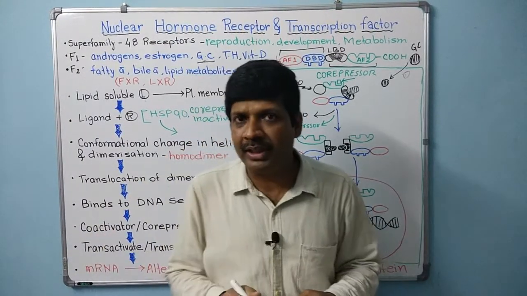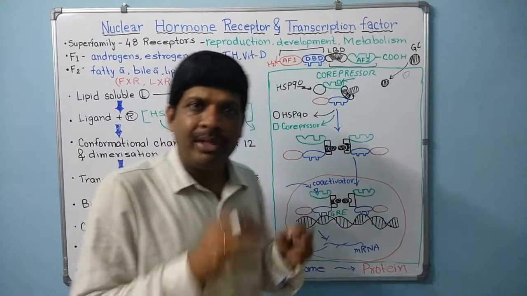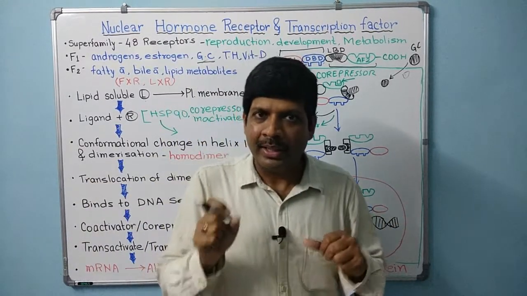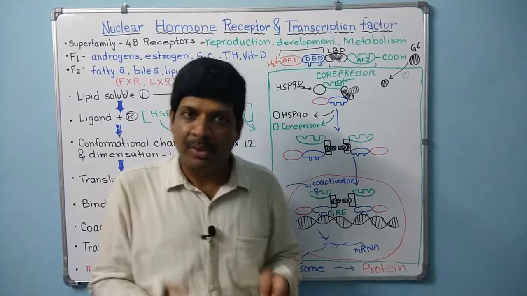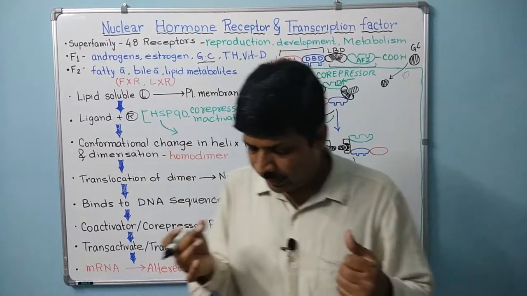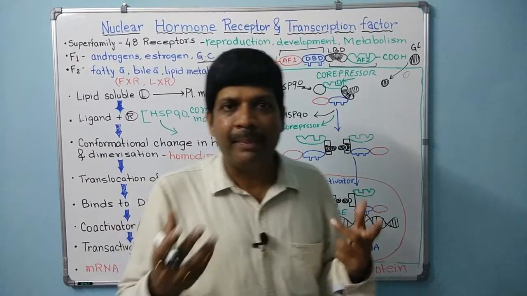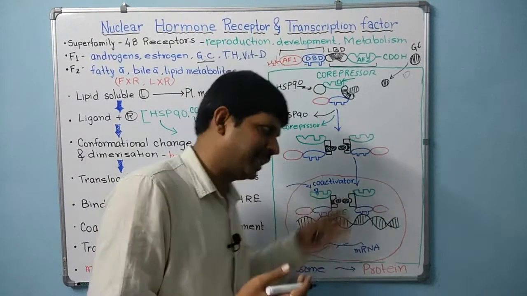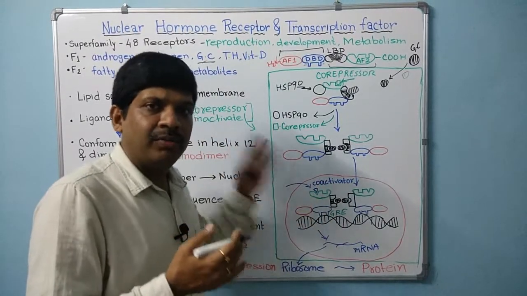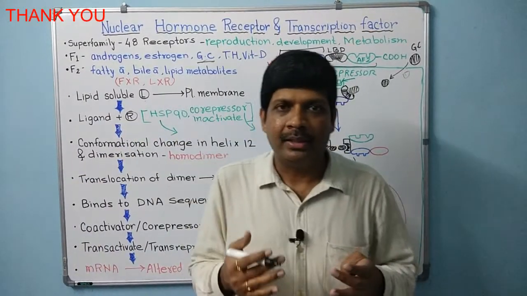The second significance is that even if you withdraw the drug, the action will not be terminated immediately, because it would take some time for the metabolism or inactivation of the protein or enzyme which is already synthesized by the action of this type of ligand.